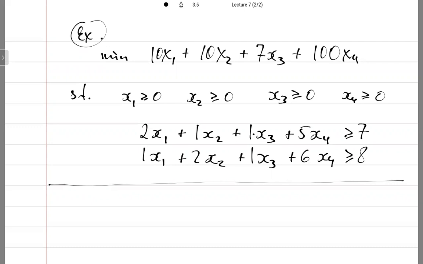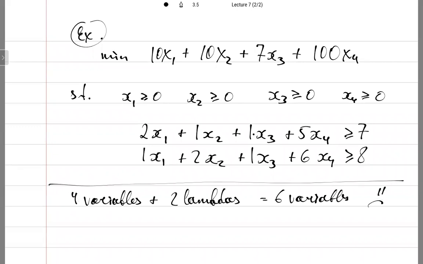I see that I have four variables. I'm too lazy to write these first order conditions with the Lagrangian function, because four variables plus 2 lambdas, 6 variables in total.